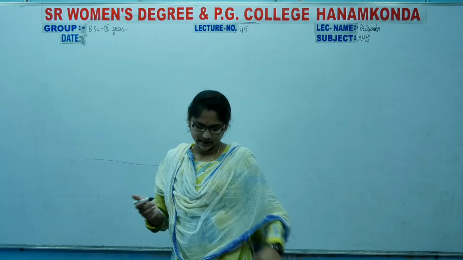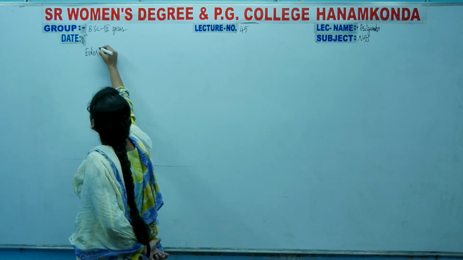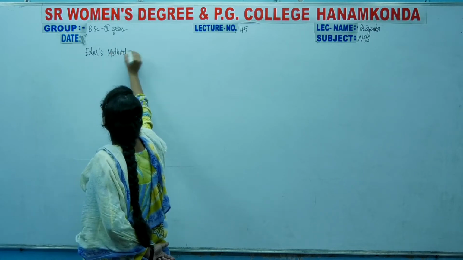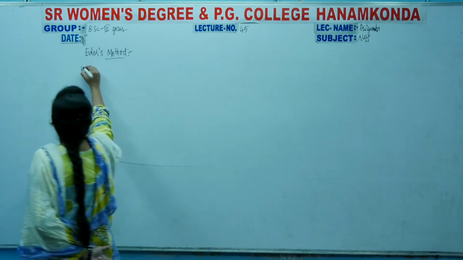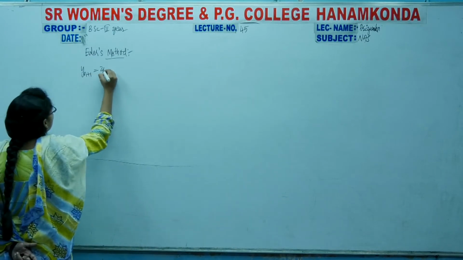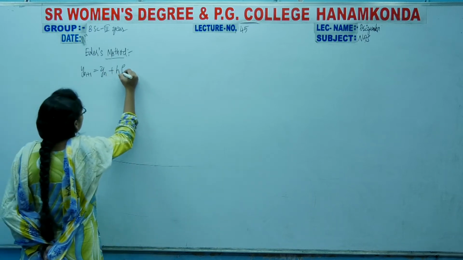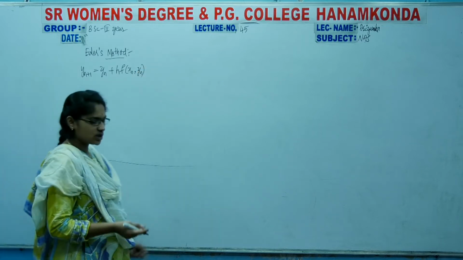The next method is Euler's method. Write down my formula: y(n+1) is equal to y(n) plus h into f of (xn, yn).